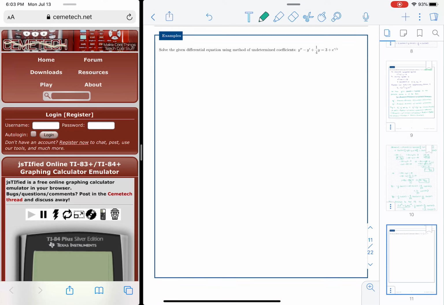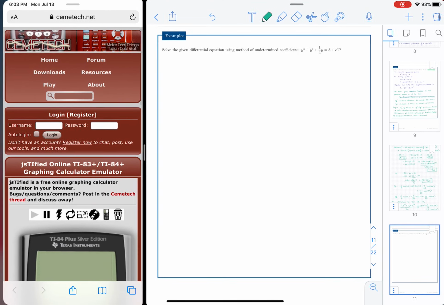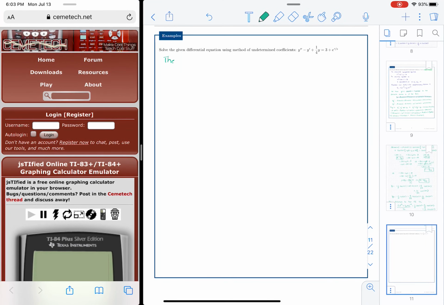So once again, we have a second order DE. The associated homogeneous DE is y double prime minus y prime plus 1 over 4y equals 0.